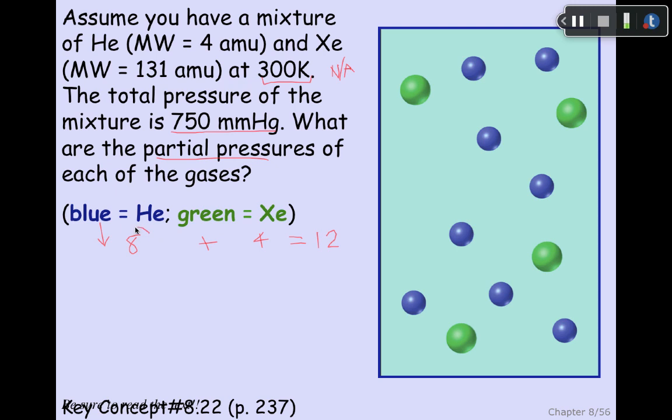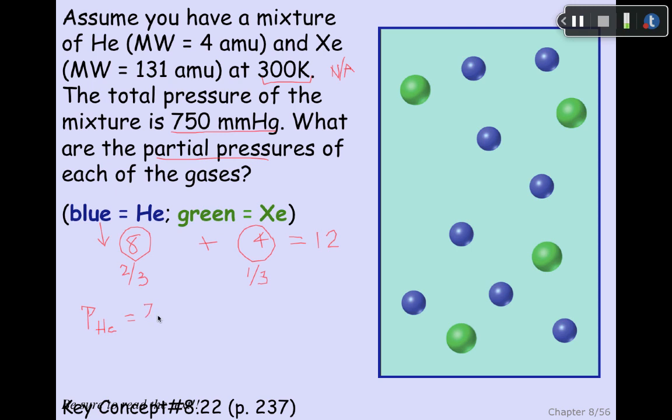Apparently, there's twice as many helium as there are of xenon, so what? It's just numbers. And so 1/3 of the mixture is xenon, and 2/3 of the mixture, or 8/12, is helium. So the pressure of the helium is going to be 2/3 of the total pressure.